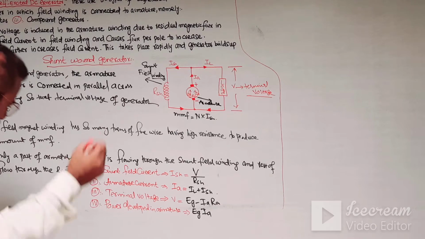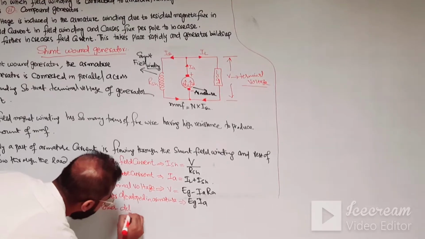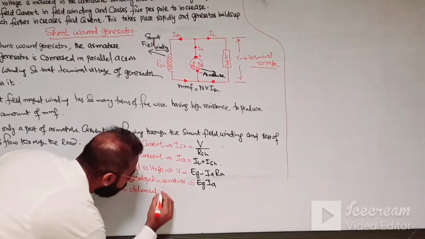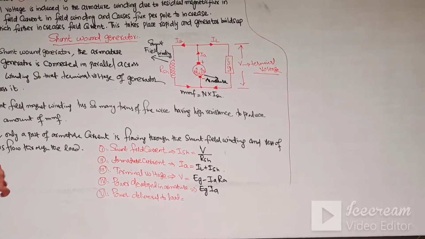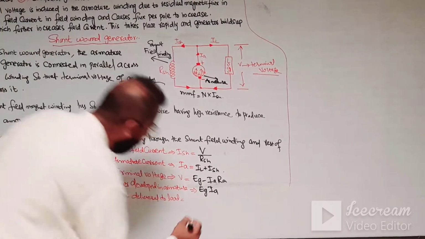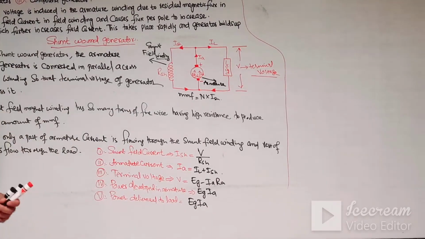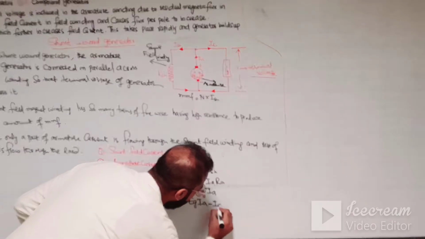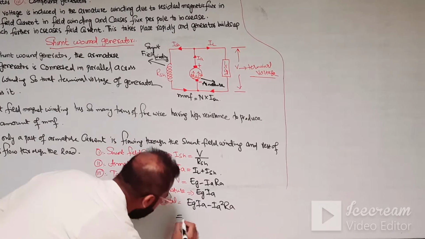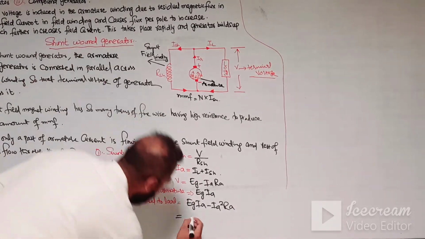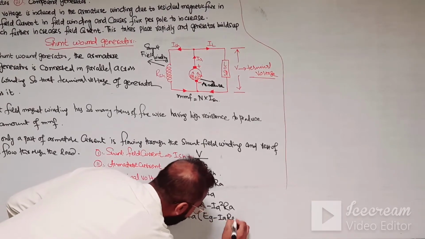And the number fifth formula is the power delivered to the load. The power delivered to the load is Eg Ia, the power developed in the armature, minus the power loss Ia square Ra. Taking Ia as common, Ia is equal to Eg minus Ia Ra.